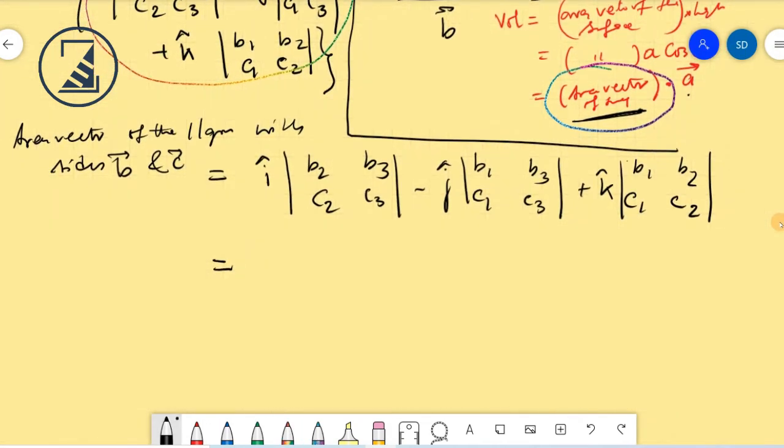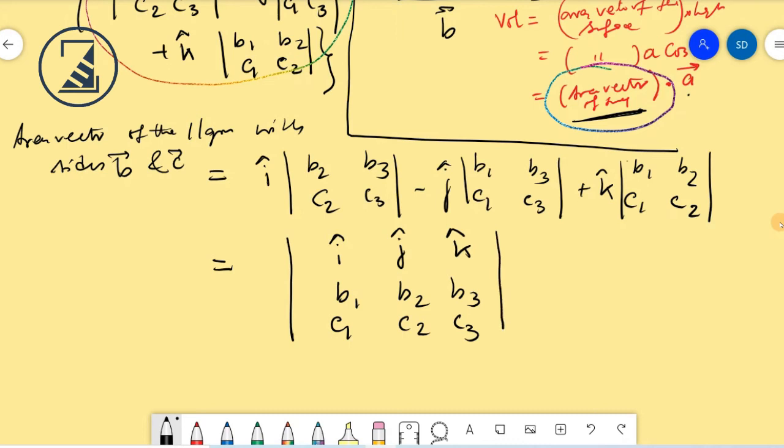So this thing can be written as i cap, j cap, k cap, b1, b2, b3, c1, c2, c3. This is the area vector of the parallelogram with sides b and c. This is exactly the cross product.